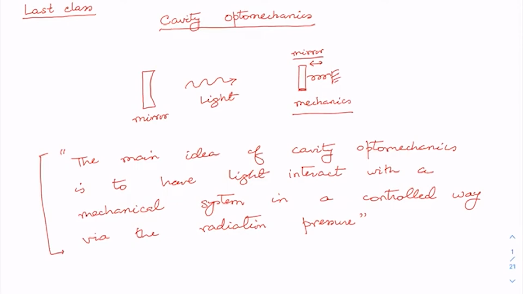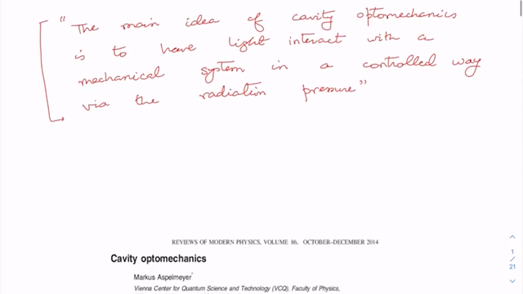A typical cavity optomechanical system consists of two mirrors, where one of the mirrors is fixed and the other mirror is movable, or we can consider it as a mechanical oscillator. And the main idea in cavity optomechanics is to make light interact with the mechanical oscillator in a controlled way via the so-called radiation pressure force.